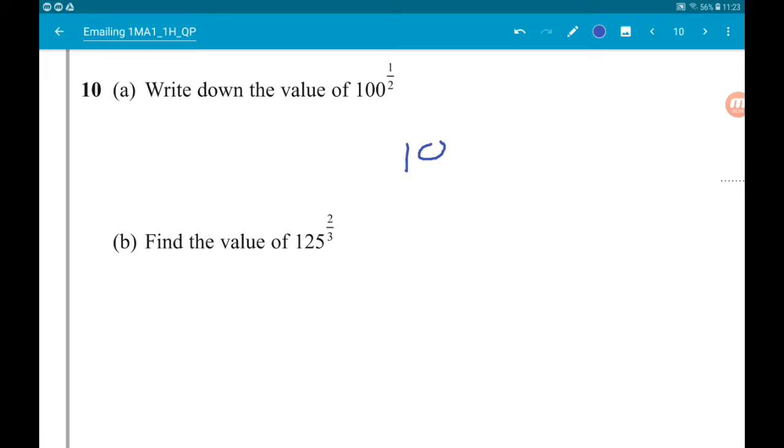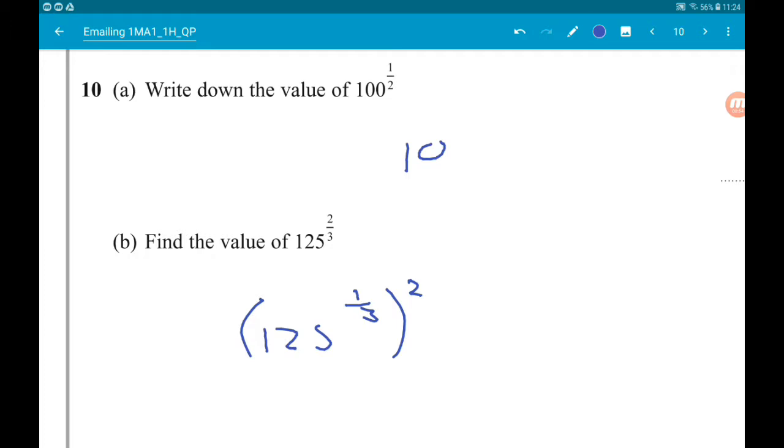Part B wants us to find the value of 125 to the 2/3. Okay, so using the rules of indices, we can split this power. So we can say that we've got 125 to the 1/3 squared.